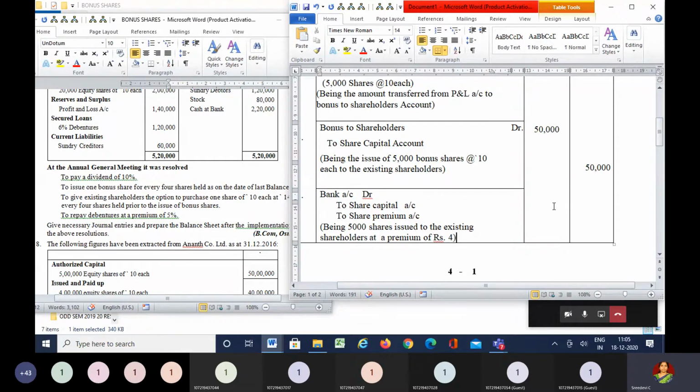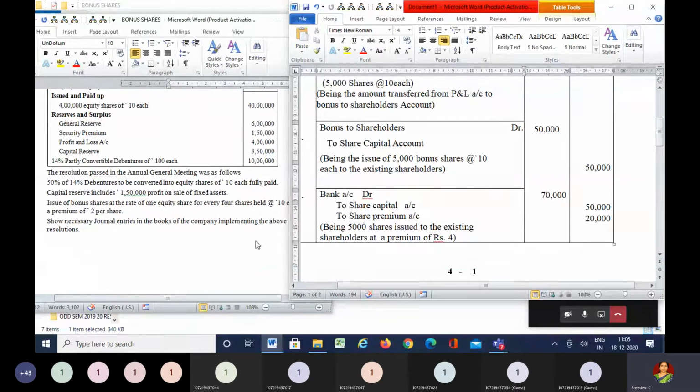So here the capital will be 50,000 because 5,000 at the rate of 10 will be 50,000, and the premium will be 5,000 into 4. The company here has received 70,000 rupees for the right issue. Clear with this, everyone? So with this, we have even completed the third resolution.